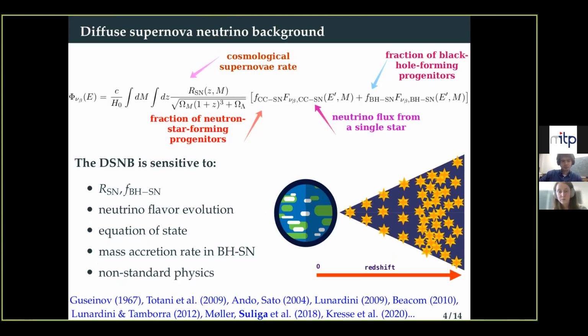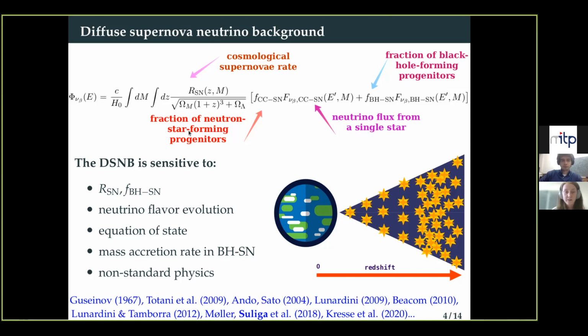It's an isotropic and stationary flux of neutrinos coming to us from all the past core collapse supernovae in our universe. So as contrary to the galactic or nearby supernova, there is no need to wait for another 50 or 30 or maybe less if we are lucky years. We just need to have a good enough detector and detect this flux.